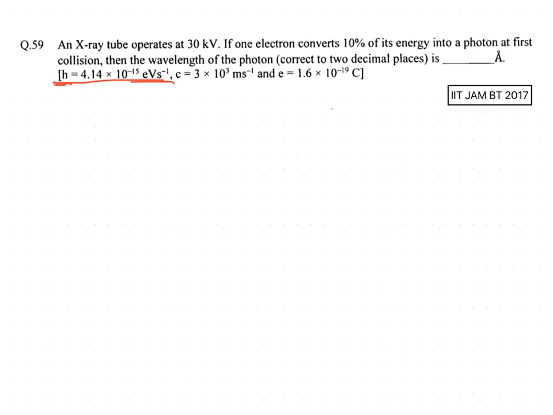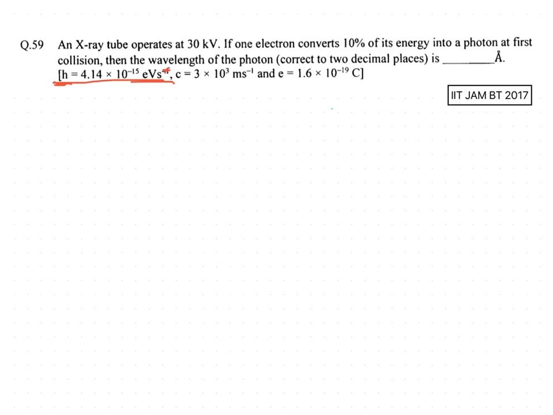The unit of h is joule second or electron volt second, but not per second. The electron volt second inverse is wrongly mentioned here. It should be electron volt second.